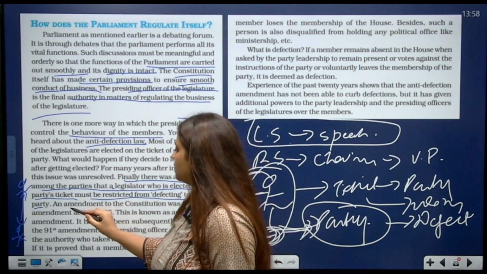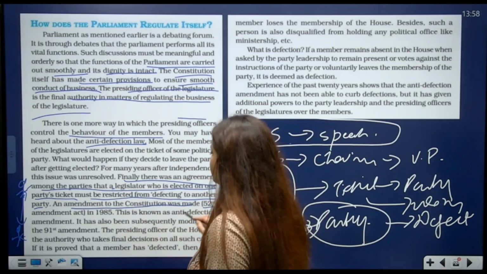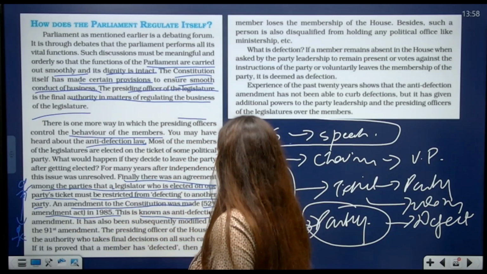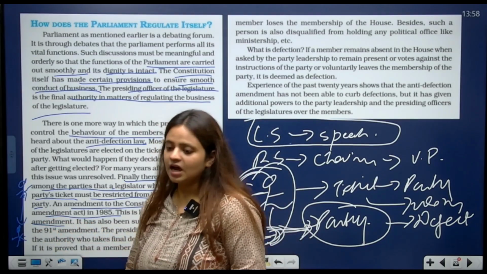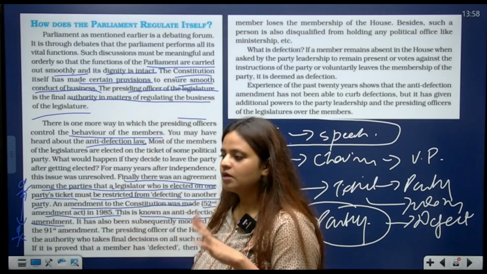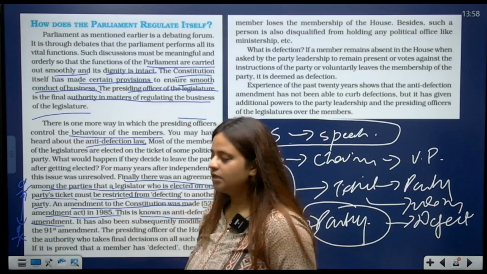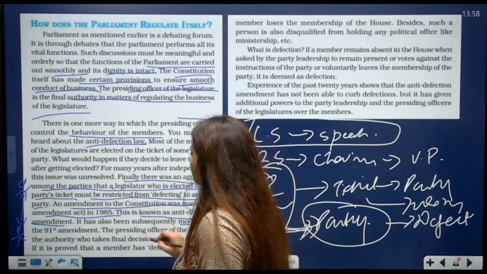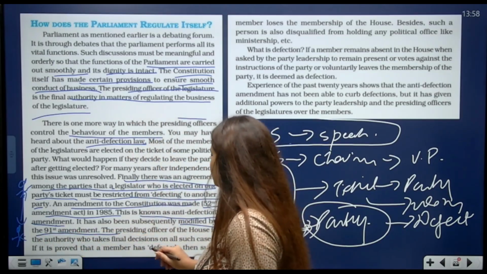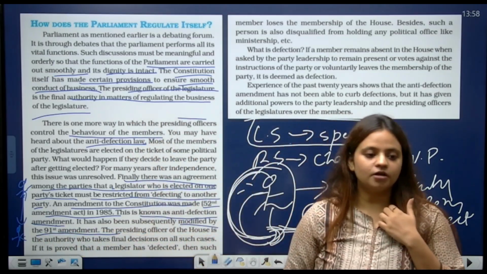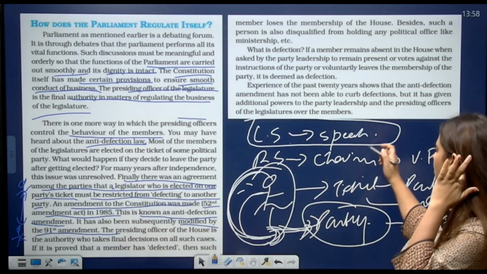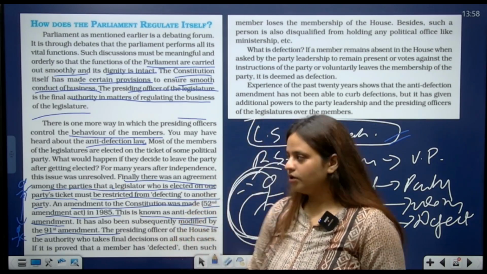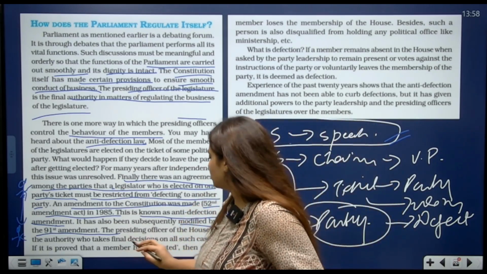So there was an amendment in the constitution, the 52nd Amendment Act in 1985, which is known as the Anti-Defection Amendment, and it was modified later. First it came in the 52nd Amendment in 1985, and then it was modified by the 91st Amendment, and the presiding officer of the house now has full and final authority on deciding the defection cases.